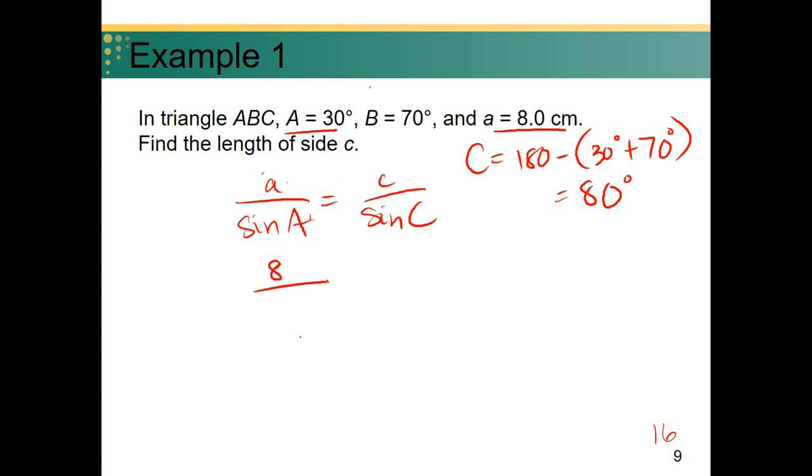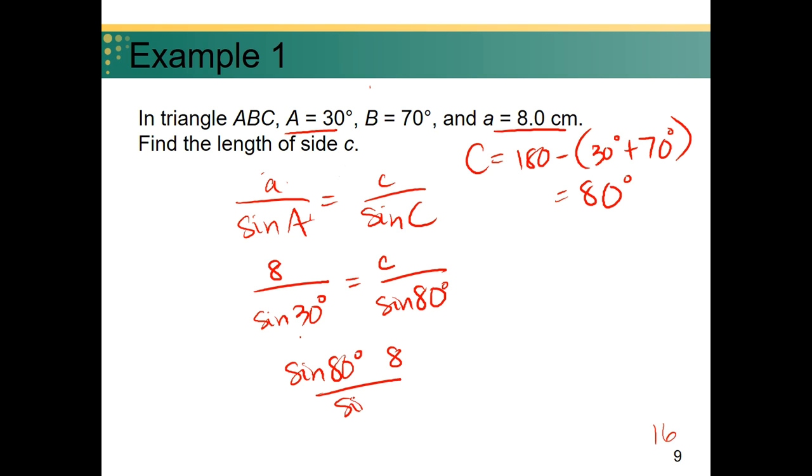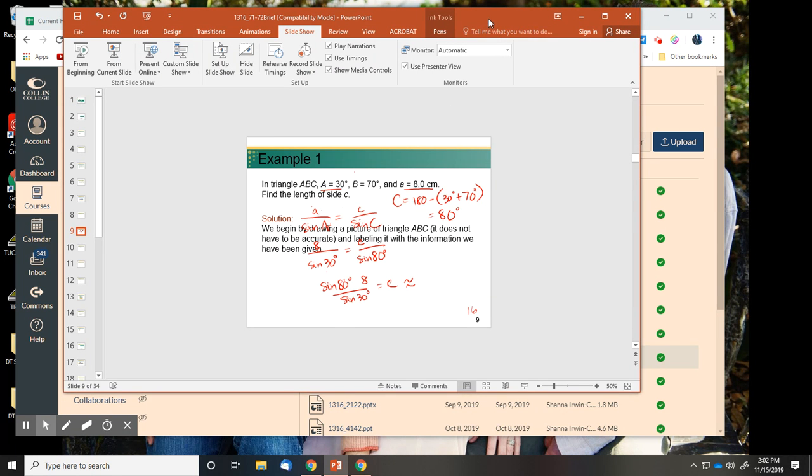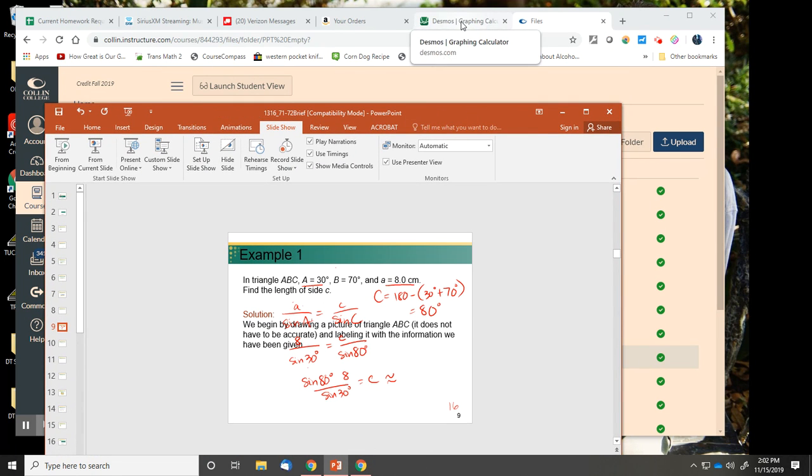So 8 over sine 30 equals c over sine 80, which means sine 80 times 8 over sine 30 is little c. I don't have a calculator on this computer, so I'm just going to use Desmos.